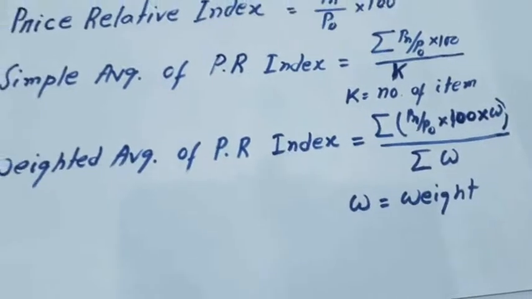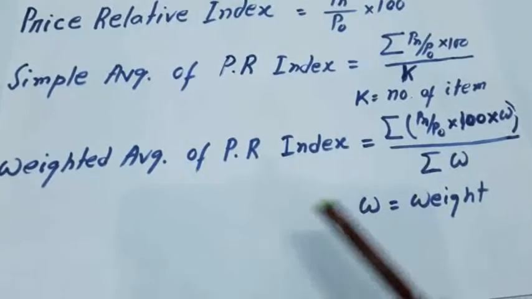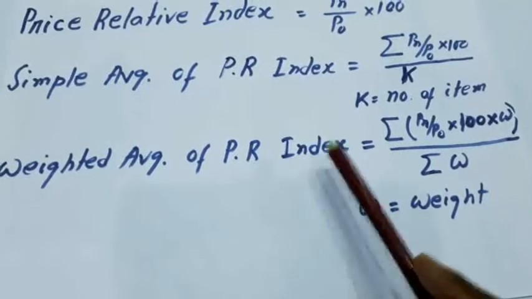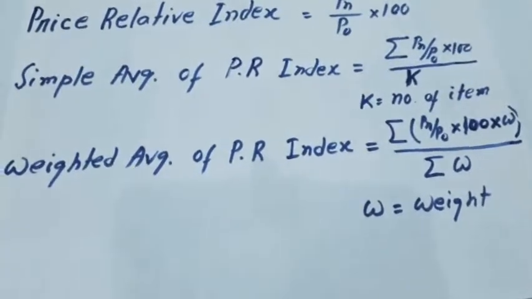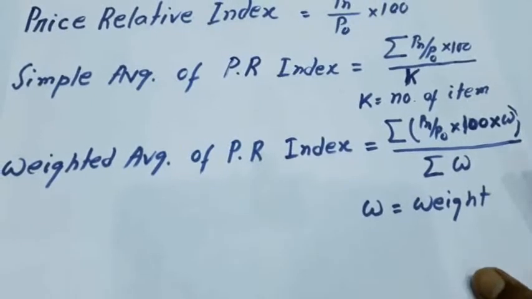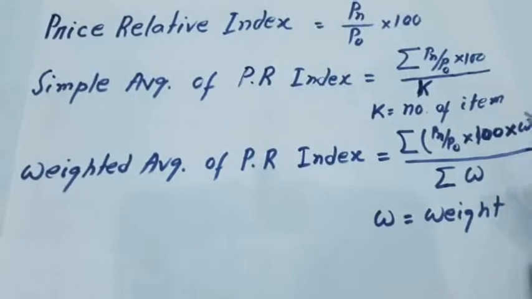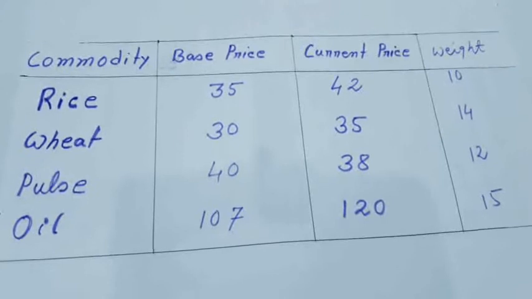Okay, now we will see how this price relative index is measured by weighted average method or weighted AM method. For that, we will take the help of one example. Suppose this is our problem.